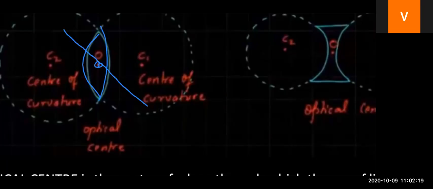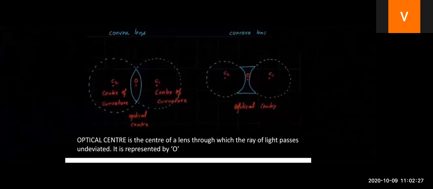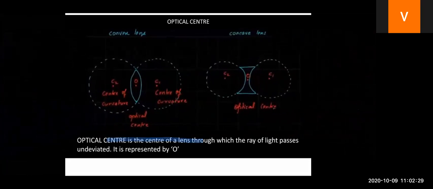The light passes straight through this point, and this point is known as your optical center. It is represented by the letter O. Here you can see the optical center, as well as over here, right?